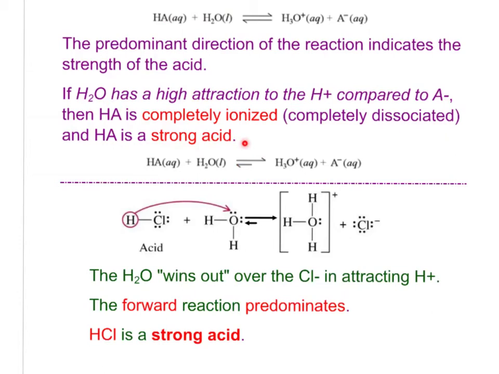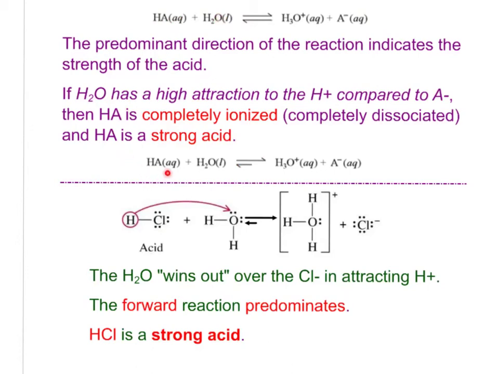So that would mean if HA is a strong acid and the water is highly attracted to that proton over the anion, the reaction is going to proceed this direction much stronger than in this opposite to the left direction.